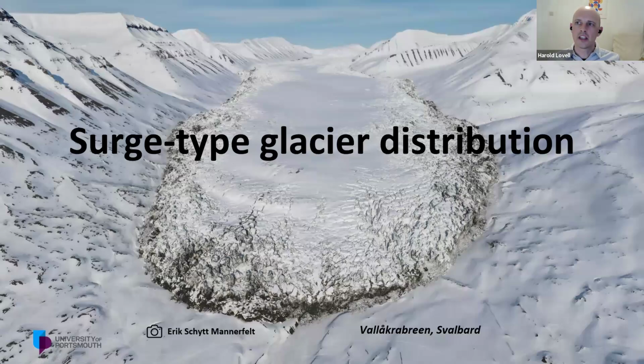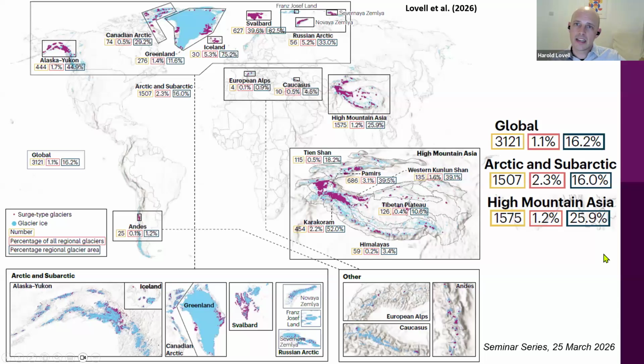That brings me on to thinking about the geographical distribution of surges. And this is, again, one of the really interesting things about surge-type glaciers: we don't find them everywhere. We find them particularly in dense clusters in different parts of the globe.